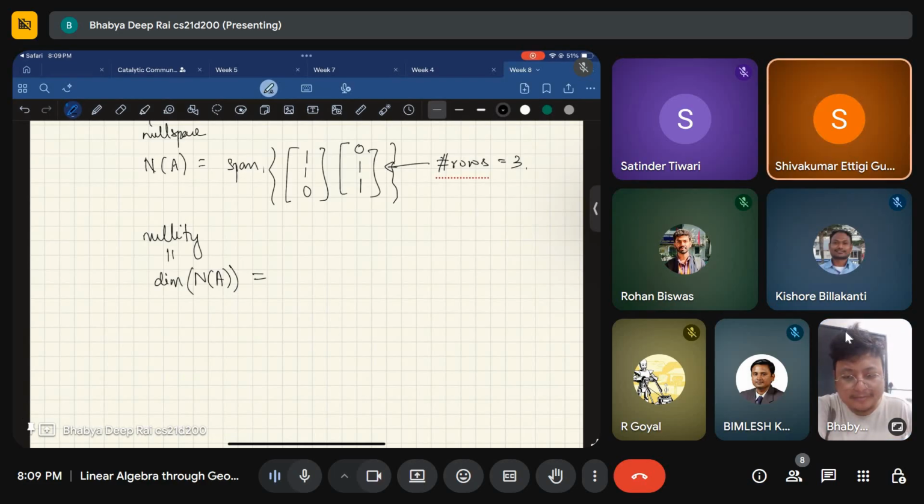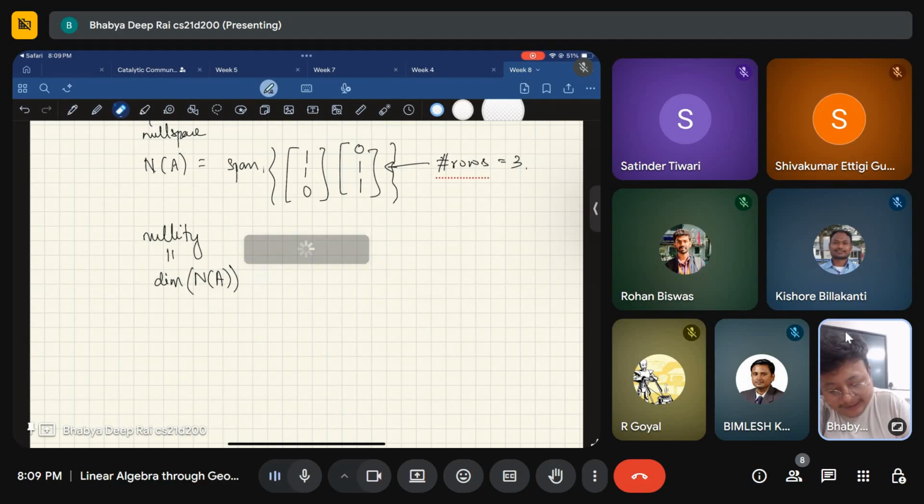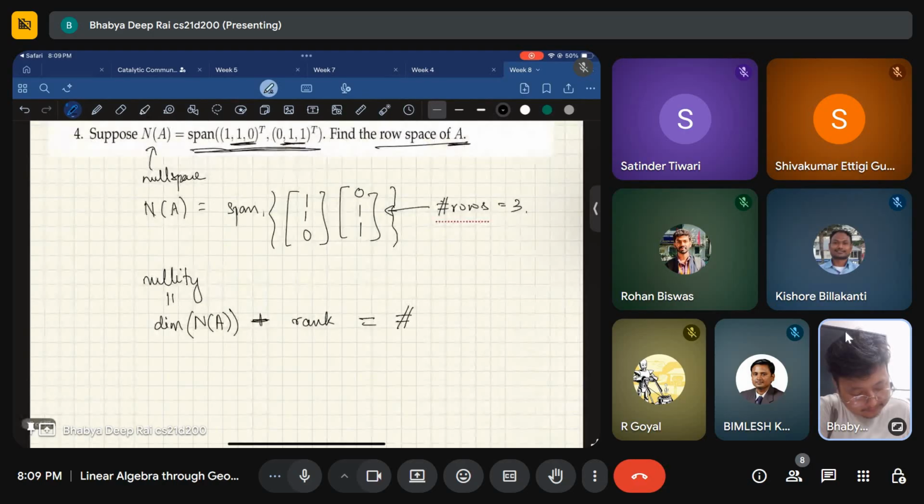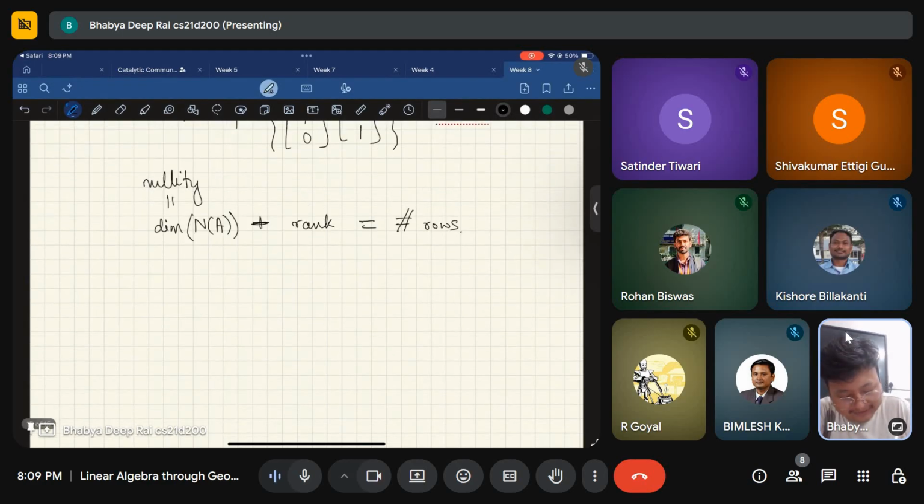Nullity plus the rank is equal to the number of rows. Now 2 plus rank equals 3, which means the rank of the matrix is equal to 1.